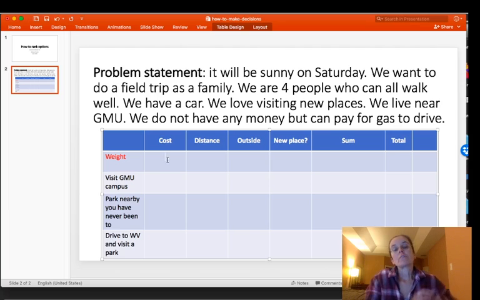For the cost, how much money they will pay, on a scale between 0 and 10, I'm going to say a 5. And the distance maybe is a little less important than the money, so I'm going to give it the weight of a 4. The fact that it's outside is possibly even more important than the cost, so I'm going to give it a 6. And then if it's a new place, I have this feeling from the problem statement that it's something even more important. So I'm going to give a weight of 8.